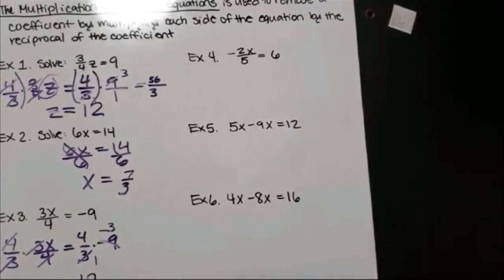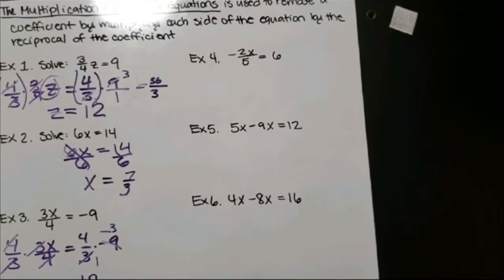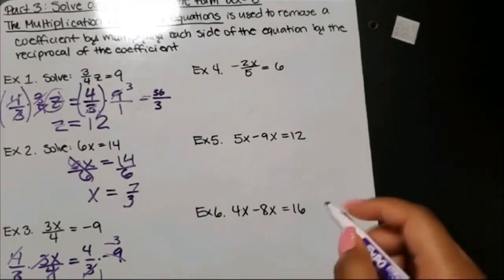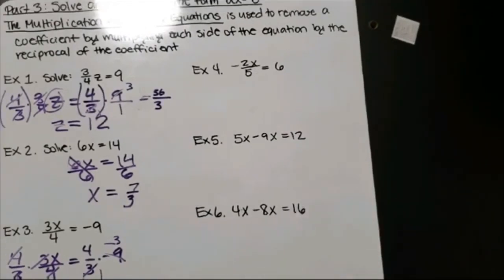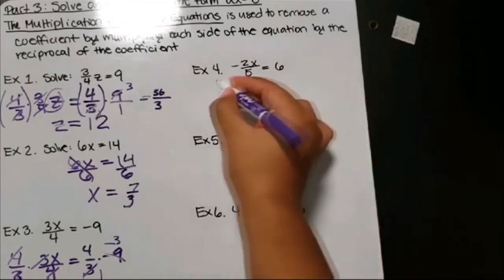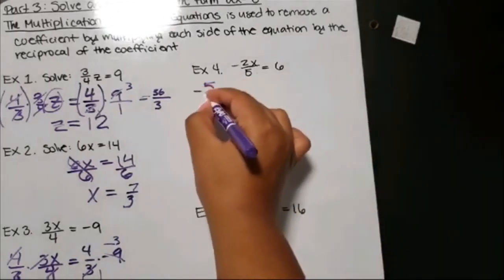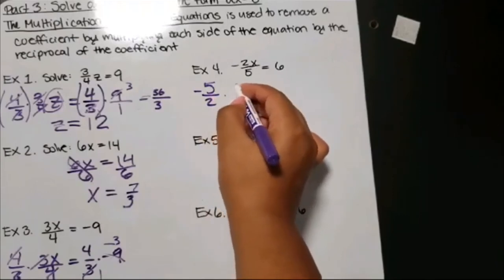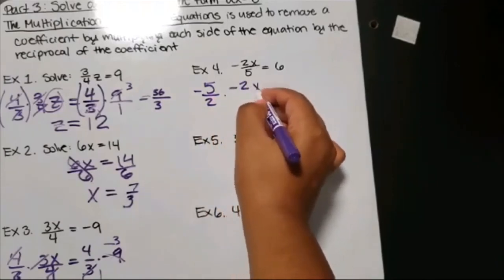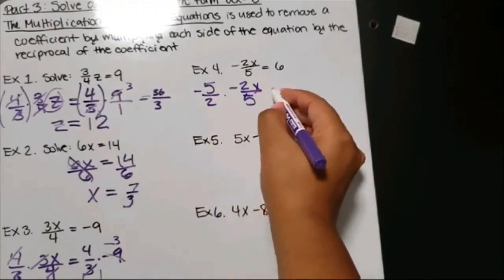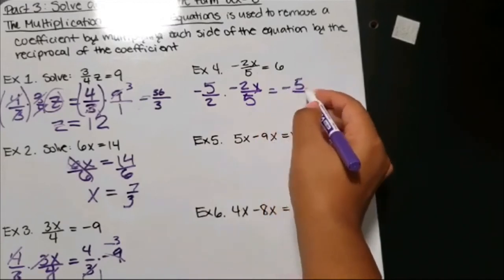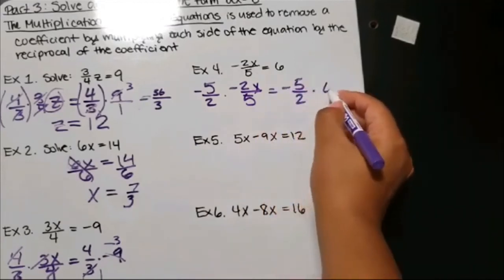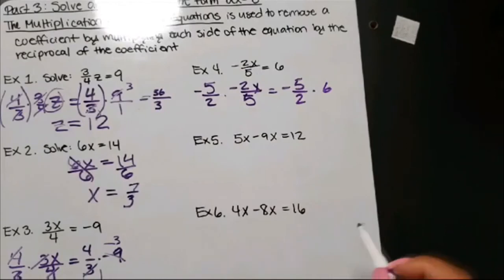So let's look at number 4. On this one, we have that x in the numerator again. So the reciprocal that we're going to multiply by is -5 over 2. So we're going to multiply each side by -5 over 2.